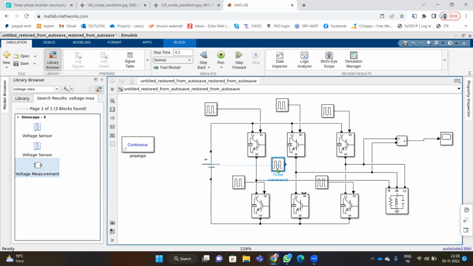And for the last switch, it will start at 300 degrees.